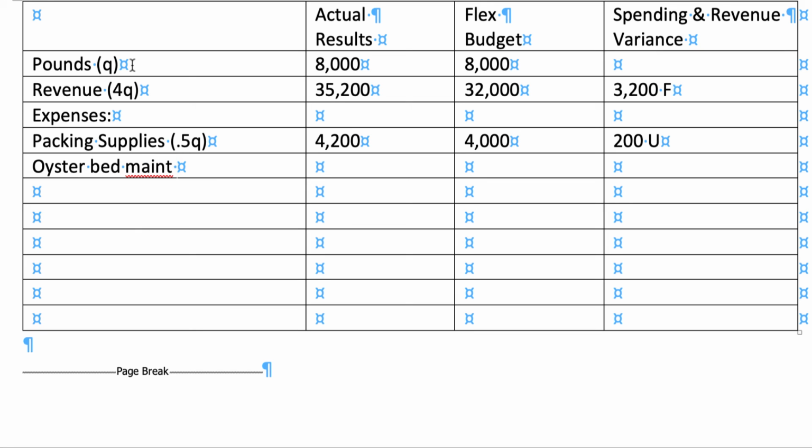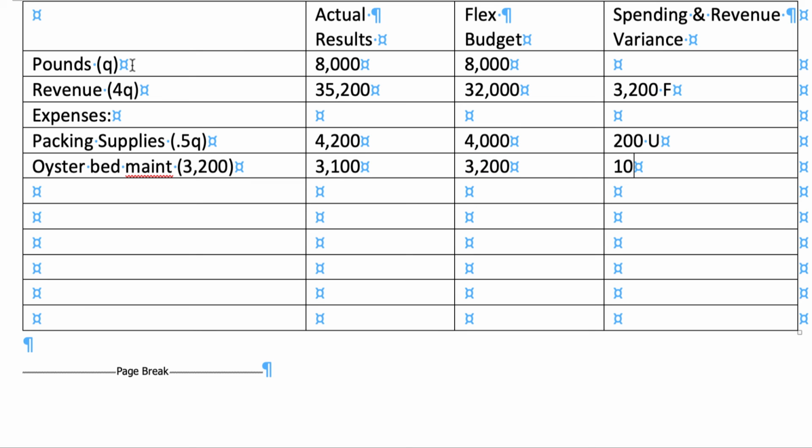So they tell us that the oyster bed maintenance has a flat fee of $3,200. So right off the bat, that's a fixed expense. So based on the flex budget, our expense should be $3,200 for oyster bed maintenance. What did we actually incur? We actually incurred $3,100 in maintenance.